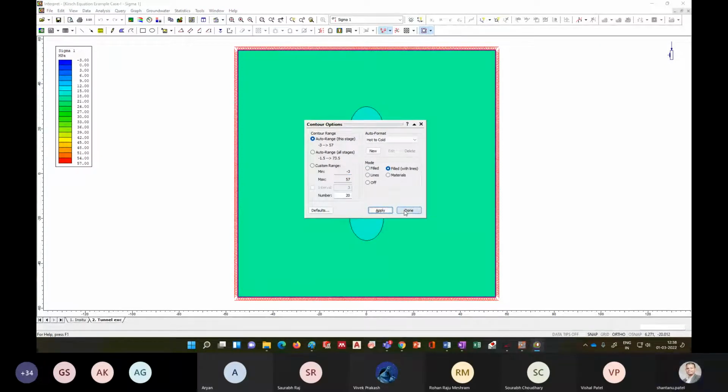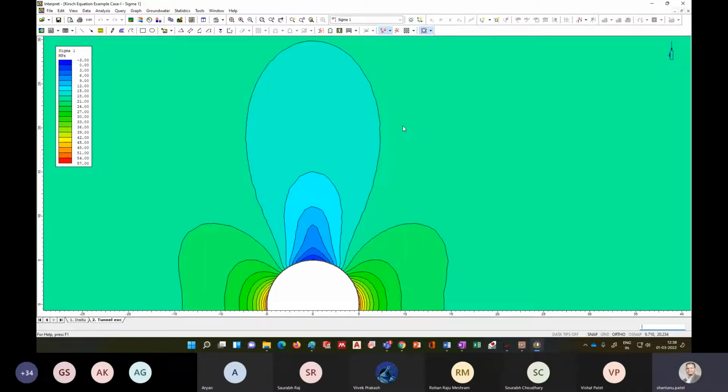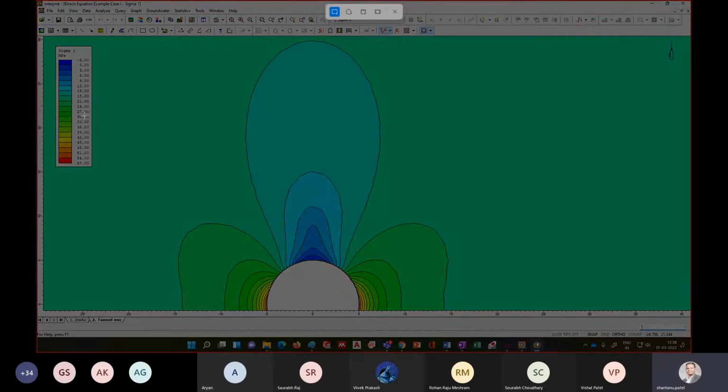So what does this mean? Let's say this green and the blue one. Where is that boundary? This green and blue boundary is somewhere here, right? Can you see this here? This one here. Let me take a screenshot of this.